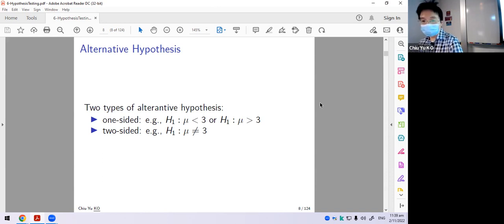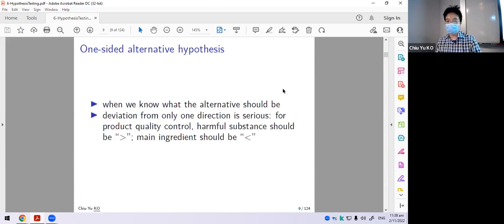How you decide which alternative hypothesis to use depends on, as I said, the consequence. If only one side of the region you think is serious, you only reject in that area.